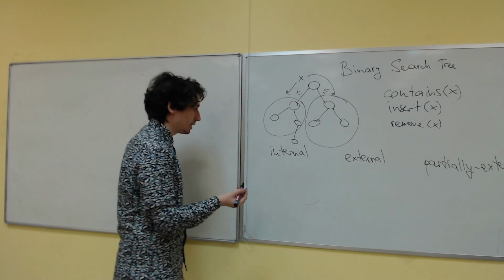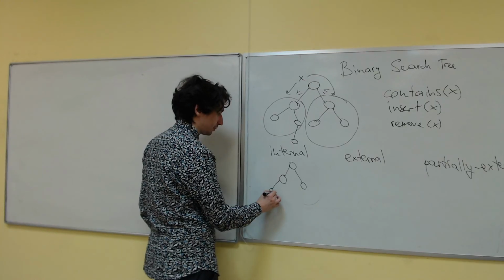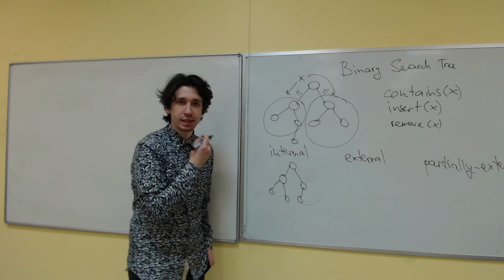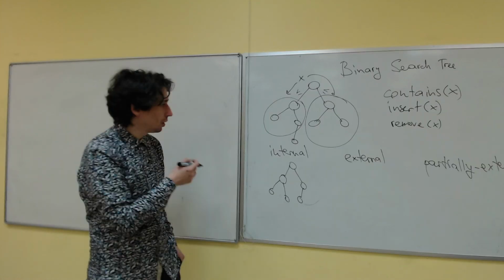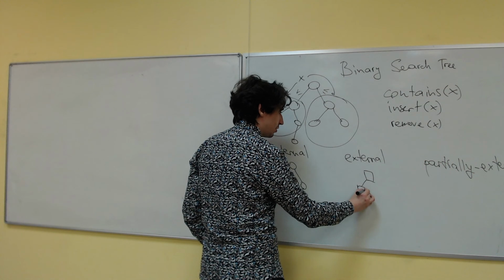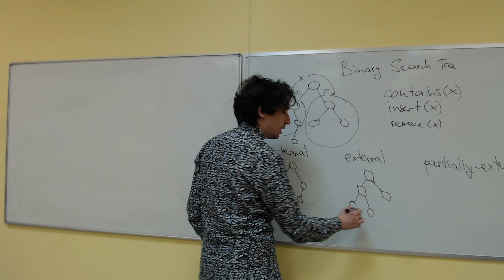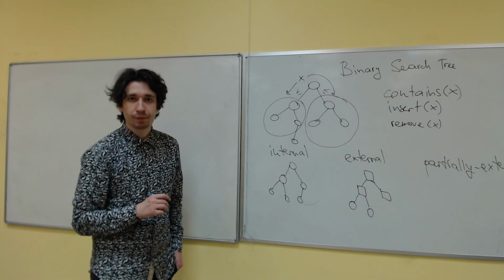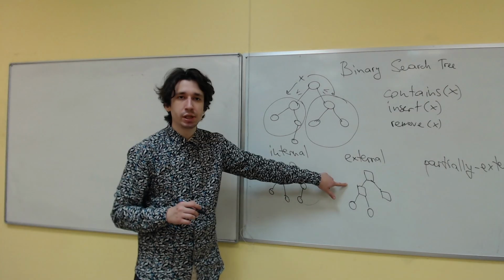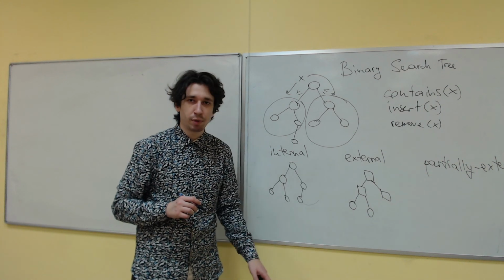Internal means that all the nodes contain keys. External means that it is still a binary search tree, but the keys are only in the leaves. Everything above is routing information and that's all. Real keys are only at the bottom.